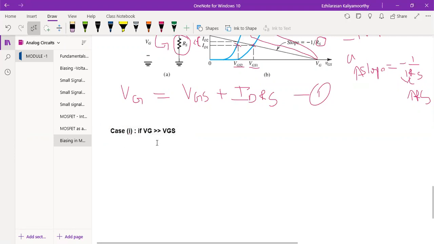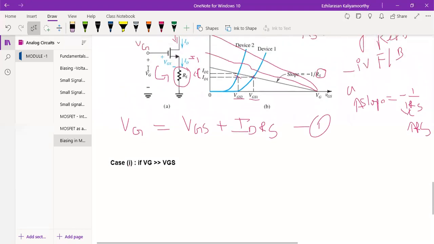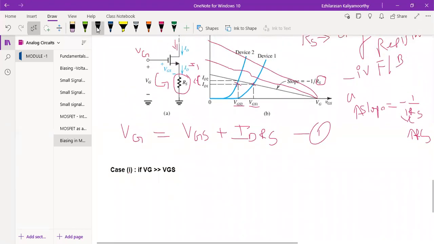The first case is if the gate voltage is very much greater than the device voltage VGS. Keep it in your mind. So what will happen at this time? Let me write what will happen in a case like this.